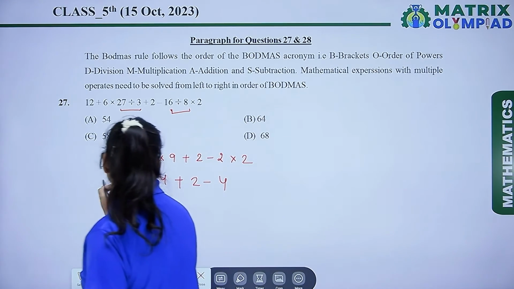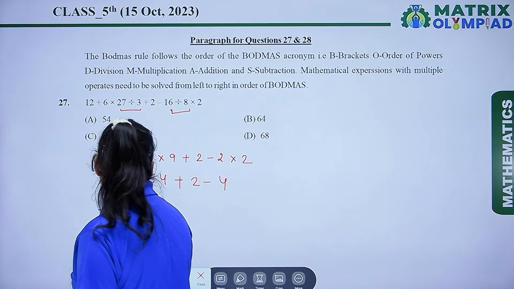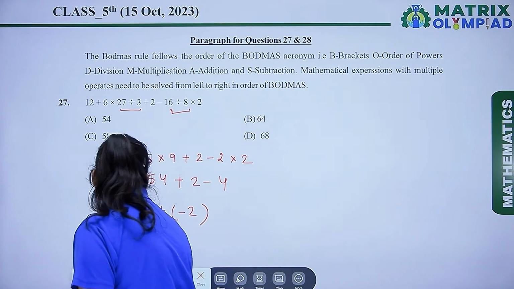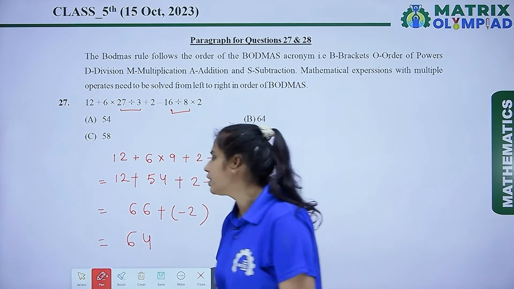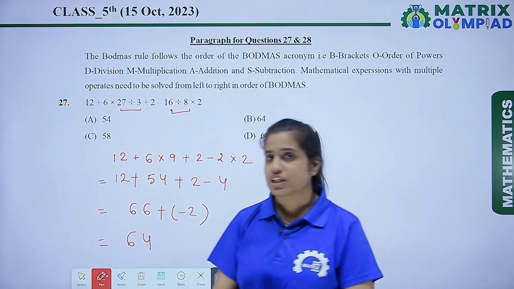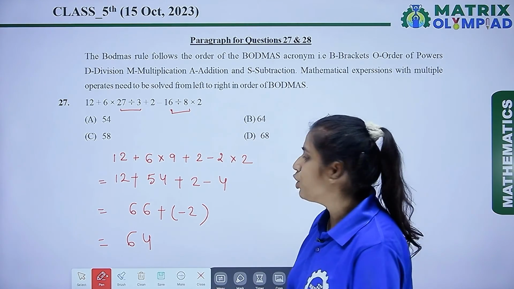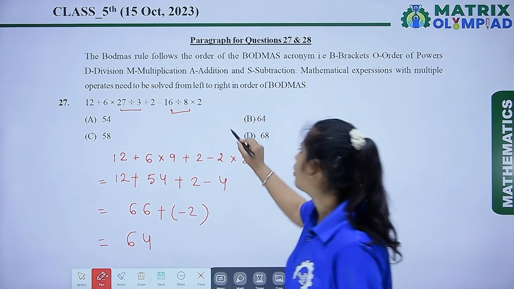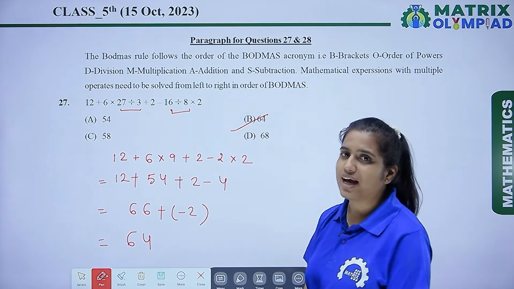Now the next one is and here we comes with an answer that is 64. After applying the BODMAS rule, we have answer 64 here with us. So here option B is the correct answer.